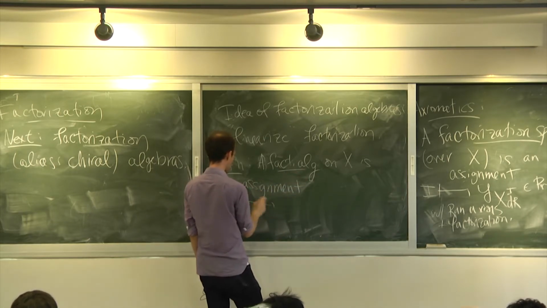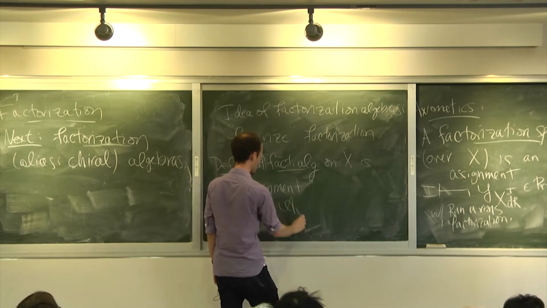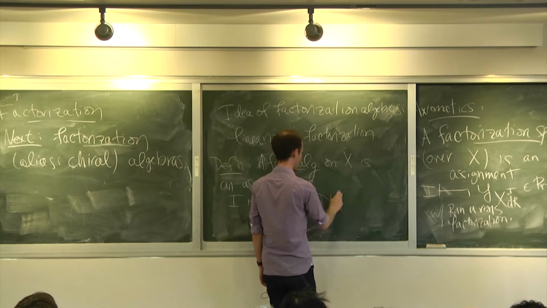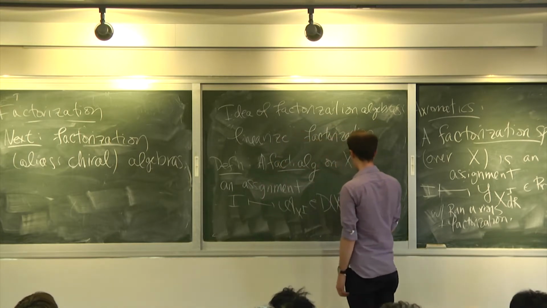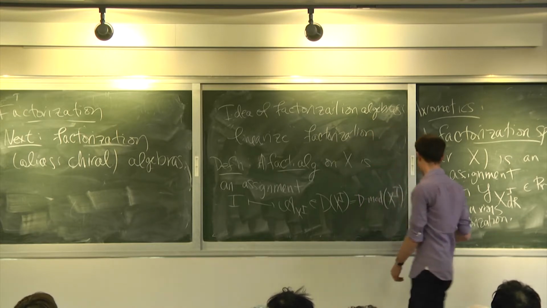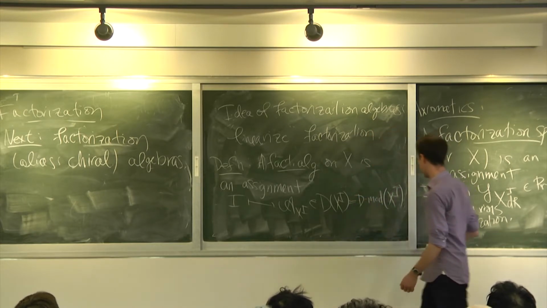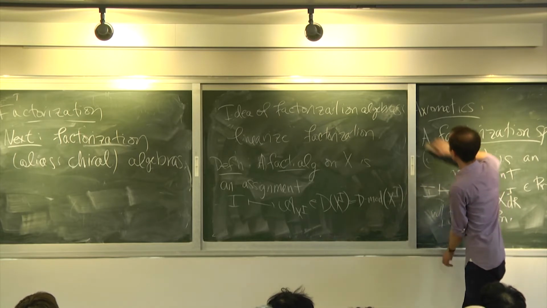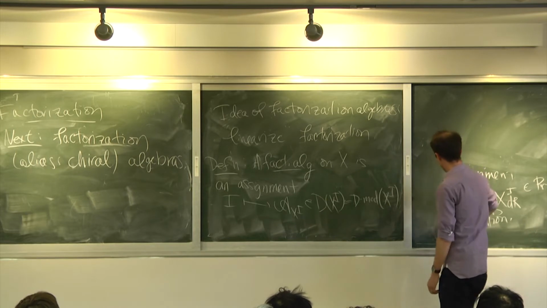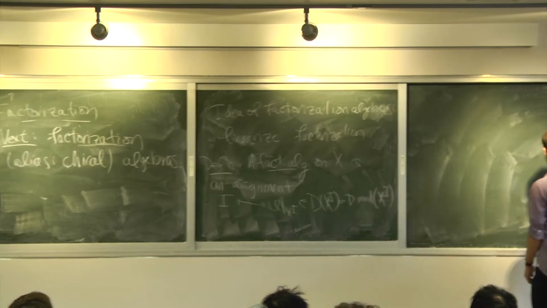Every finite set I goes to some A sub X to the I, which is a D-module on X to the I. I'll write D of X to the I, but this is what everyone else has been calling D-mod of X to the I. And these should also satisfy various axioms.